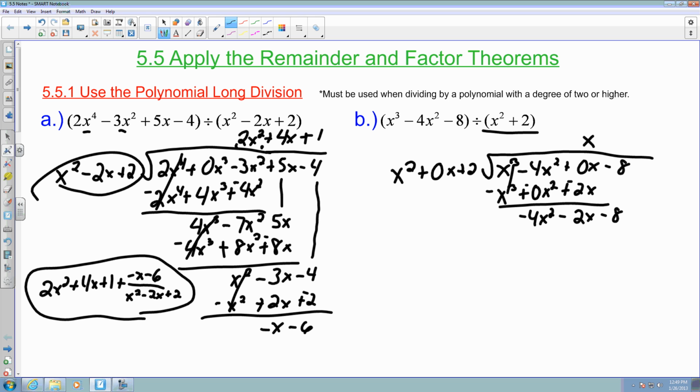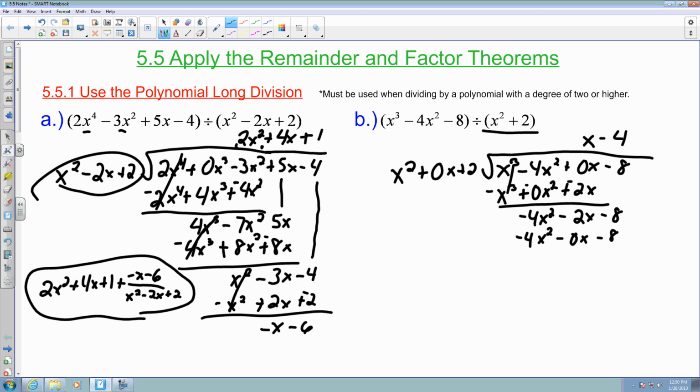Now I need to find a value that's going to cancel out this negative 4x squared, and that'll be negative 4. When I distribute out the negative 4, it goes negative 4x squared minus 0x minus 8.